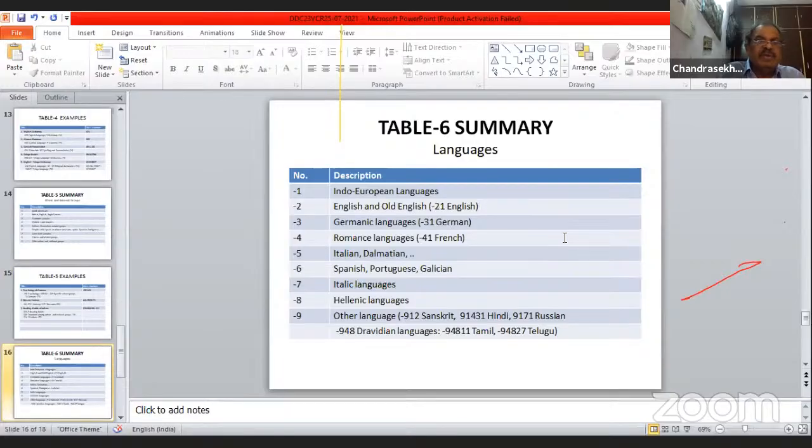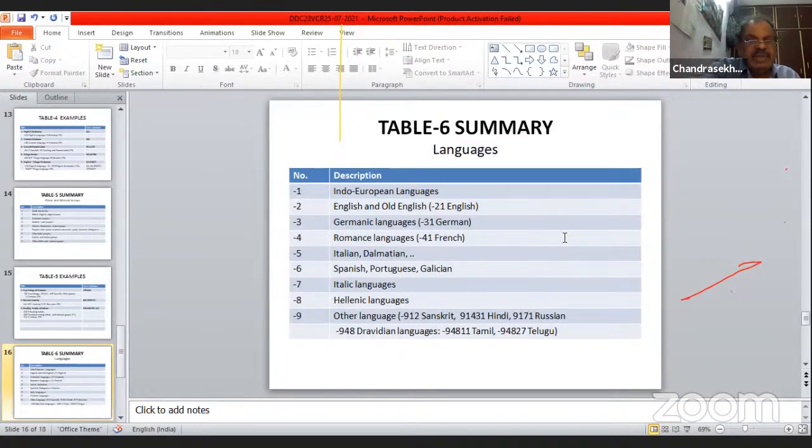1 is Indo-European languages, 2 English and Old Saxon, 3 Germanic languages, 31 German, 4 is Romance languages, that is French, 5 is Italian, Dalmatian, then 6 Spanish, Portuguese, Galician, then 7 is Italic languages, 8 is Hellenic languages, 9 is other languages, 912 Sanskrit, 91431 Hindi, 9171 Russian, 948 Dravidian languages, 94811 Tamil, 94827 Telugu.